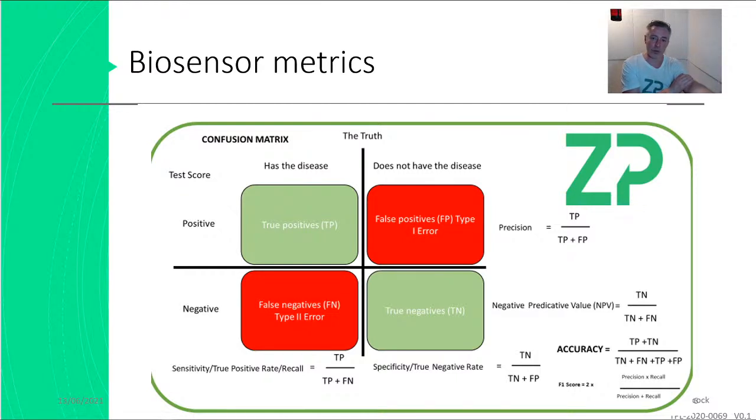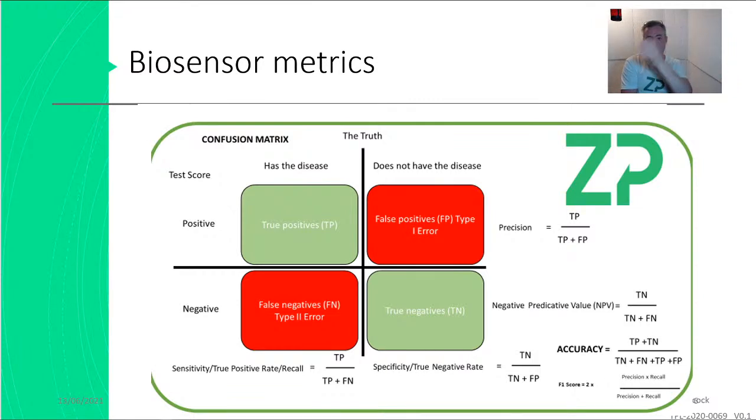But this is really important, especially for those who are doing medical diagnostics. At the moment, at Zimmer Peacock, we've developed, and it's being used in hospitals, a sensor for testing COVID-19 on the breath. It's a medical diagnostic, so it's very important to understand the accuracy of that sort of sensor.